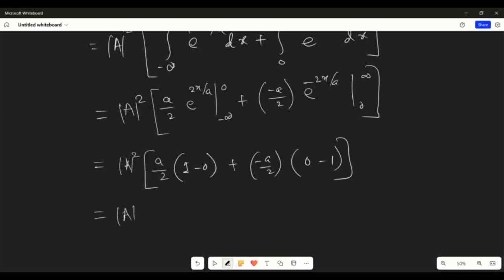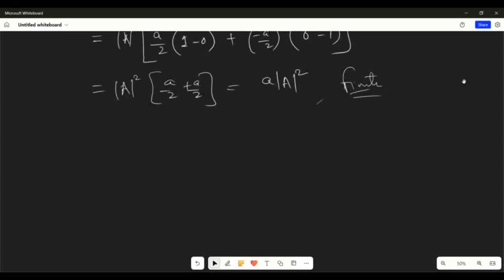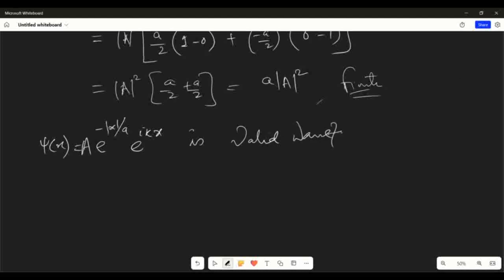So a/2 plus a/2, so a times |A| squared. So yeah, this is also finite, so it is square integrable. Since it satisfies all the conditions, this is a valid wave function. So psi(x) equals A e to the power minus |x|/a e to the power ikx is a valid wave function.